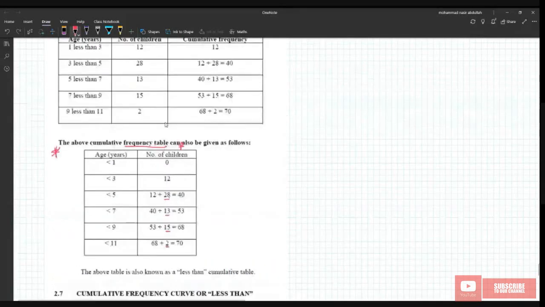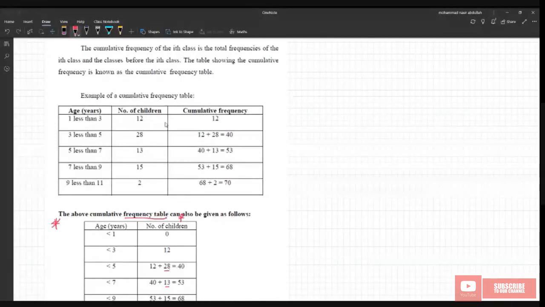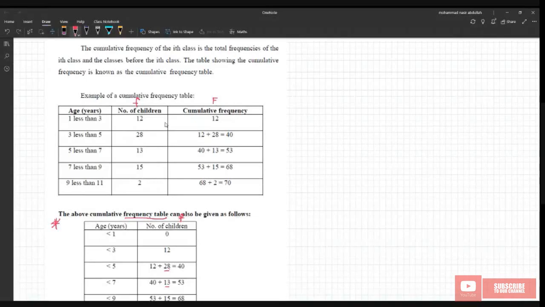So I just want to explain how we're going to construct a cumulative frequency. The symbol for cumulative frequency is capital F. The symbol for frequency is small letter f, right?